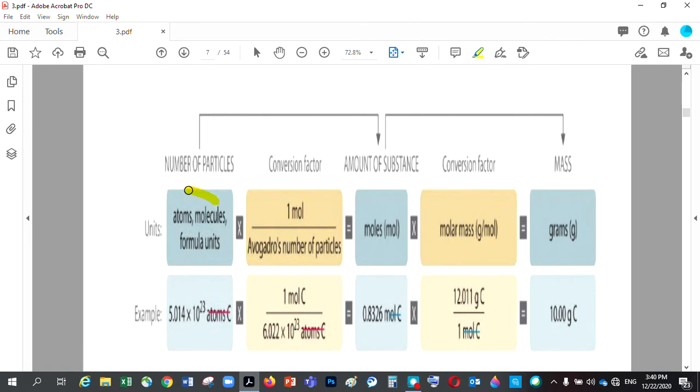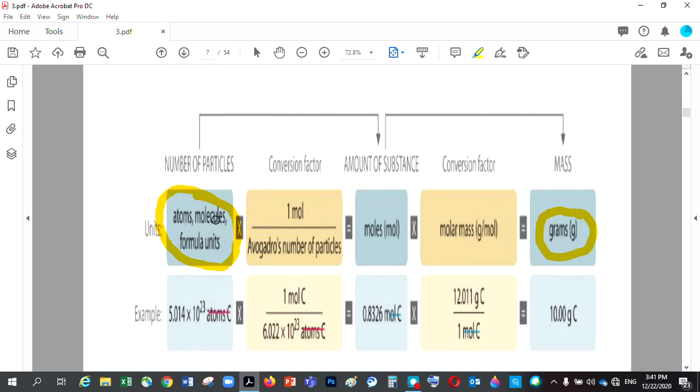Now, we can go the opposite. I can be given number of atoms, molecules, or formula units, and I have to calculate the grams. So this one is just the opposite. Remember, when I went from grams to number of molecules, atoms, or formula units, I have to divide by the molar mass or atomic mass and then multiply by Avogadro number, correct?